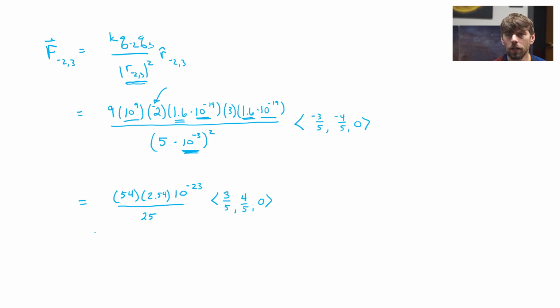Well, yeah, I guess we just do it, right? What I'll do is scoot that decimal over 1, since I'm doing this in my head. So you could think of this as being 554 times 25.4 times 10 to the negative 1 times 10 to the negative 23, divided by 25.